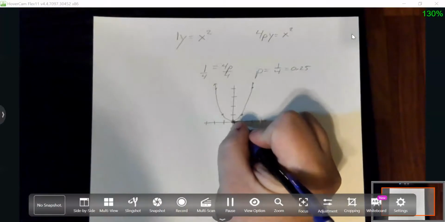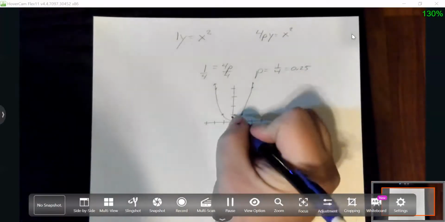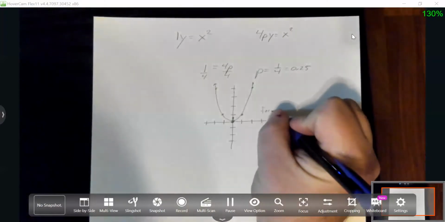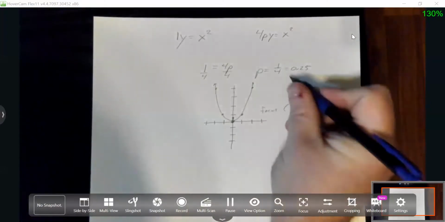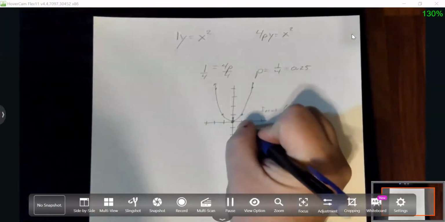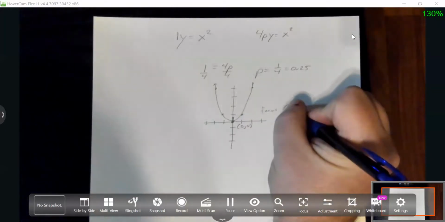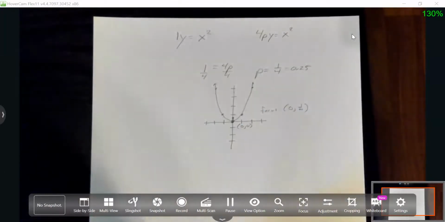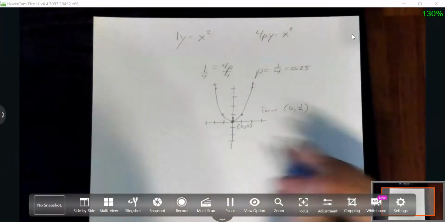So if I know here's my vertex, the focus is only a 1/4 unit up. So my focus is the same as that vertex, but plus the p-value. So if my normal vertex here is 0, 0, my focus is in fact 0 and then 1/4. It's just a little bit higher up.